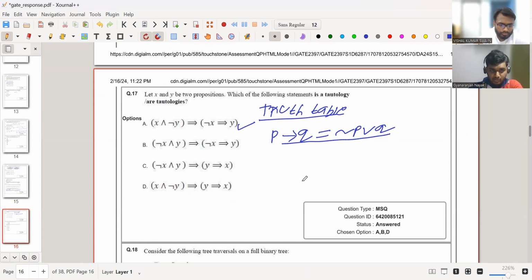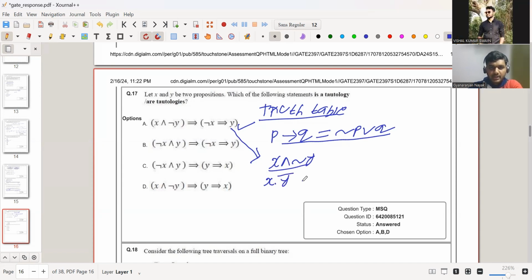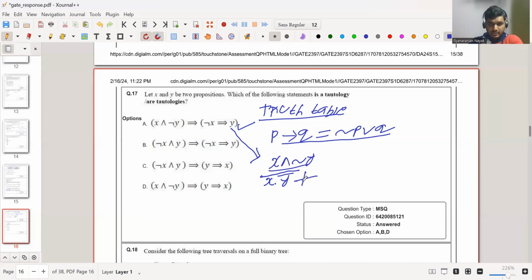Okay, so here you notice option A, that is (X and negation Y) implies (negation X implies Y). So for option A, X and negation Y, we write this simply as X into Y dash. Implies means negation of P, so X implies negation Y, or a whole negation. Then union means plus.